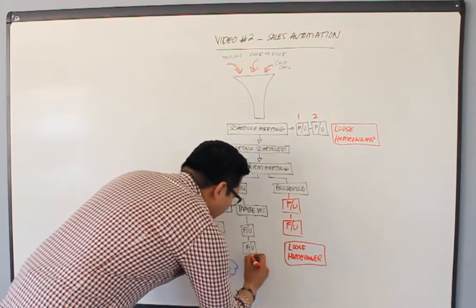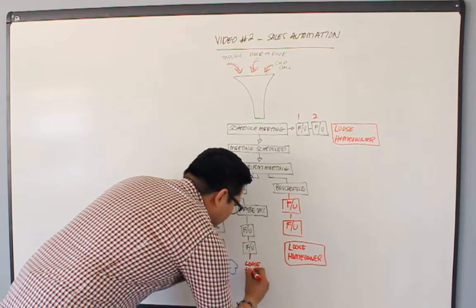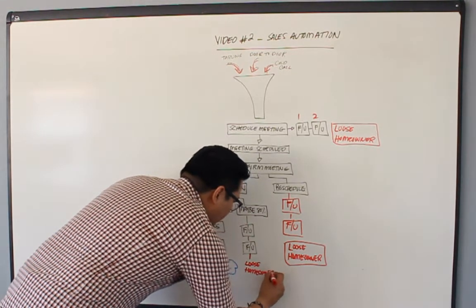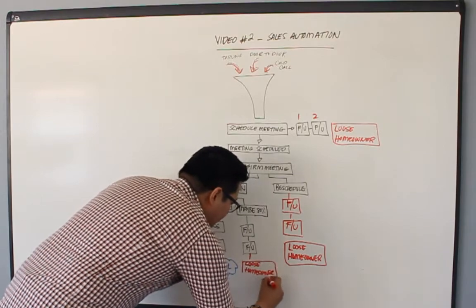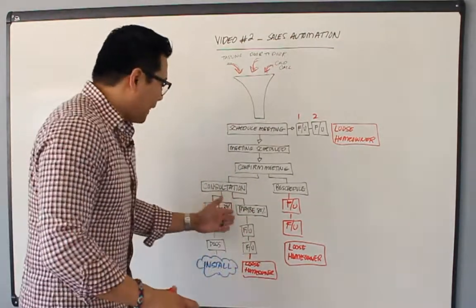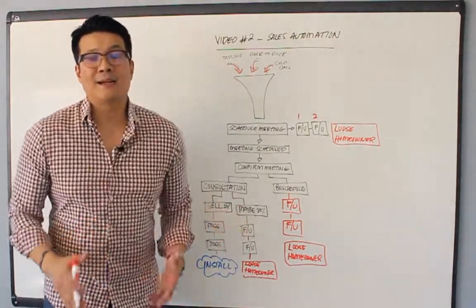So this is another area where you're losing homeowners, and it's a really critical area, because 80% of your leads are in the maybes, let me think about it, right?